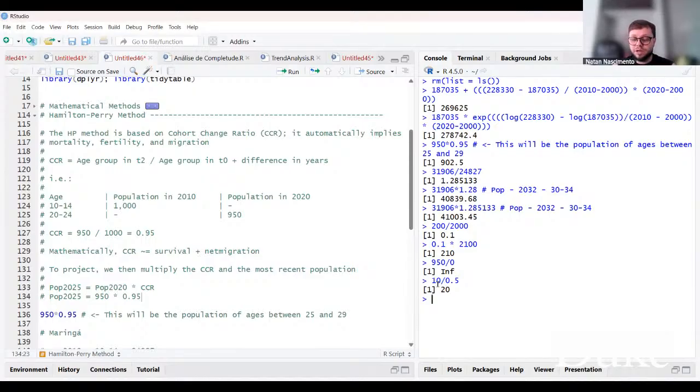Another way that we can do that, and we need to do, is spatial smoothing. Spatial smoothing will be just like we do for our rates when we're doing spatial analysis. We're going to use a Queen method to use the neighbors' mean average growth, or CCR, to then create the projection.